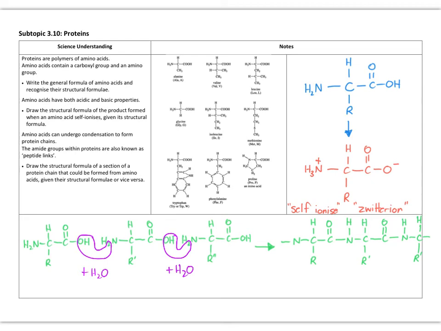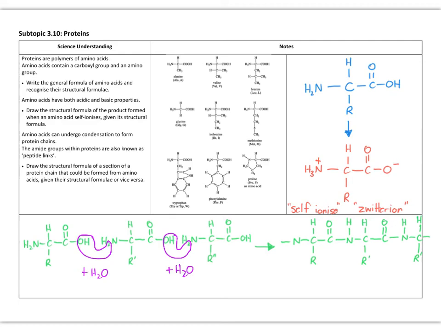And they all join together to form our polypeptide. Another word for a polypeptide is a protein, or it's basically a polyamide chain. Really all different words to say the same thing. So that's how we get this structure formed here.